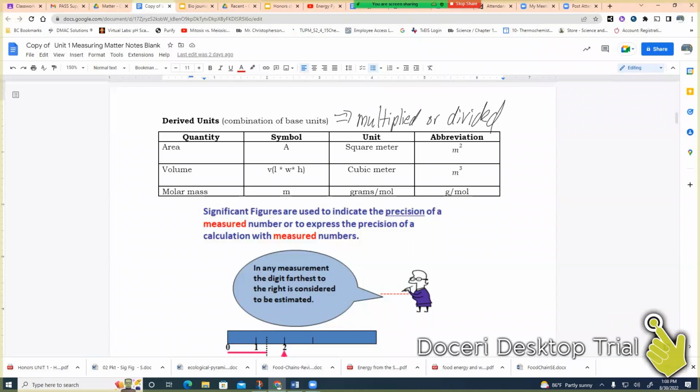Not only do we have to do that to the number, we also have to do it to the units. So for instance, area is length times width. Not only do I need to multiply the numbers, I also need to multiply the units. So if that was in meters, when I multiply them, I would get meters squared.